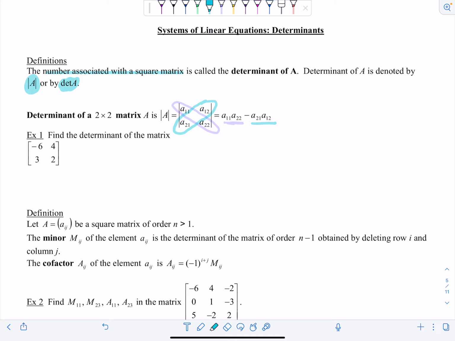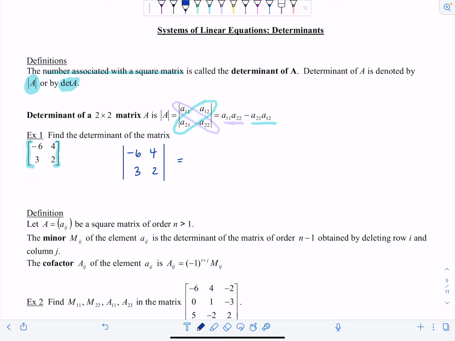All right, so let's give it a go. Example 1 says, find the determinant of the following matrix. Notice here I have brackets outside my matrix, so this is just a regular old matrix hanging out. As soon as I switch those brackets to vertical lines like this, now that indicates I'm finding the determinant, okay? So just be careful with your notation.